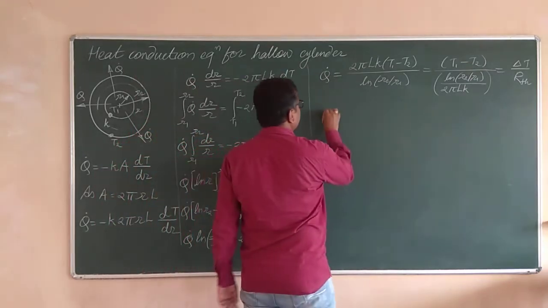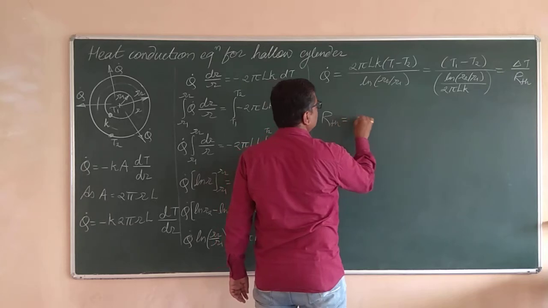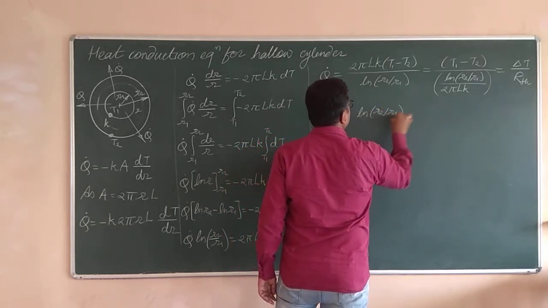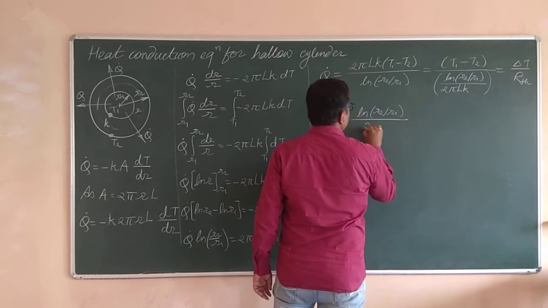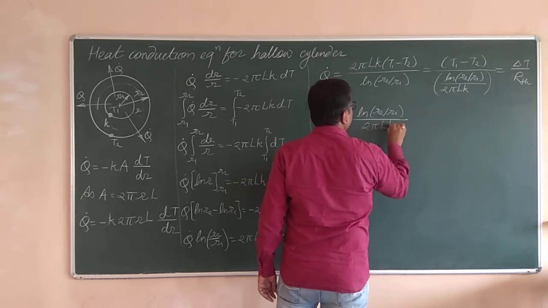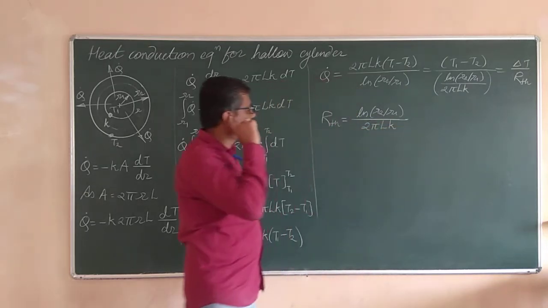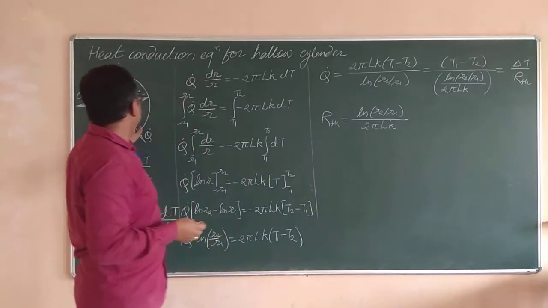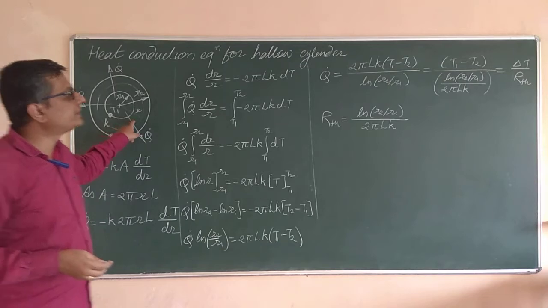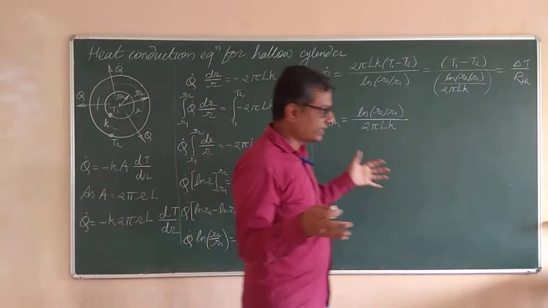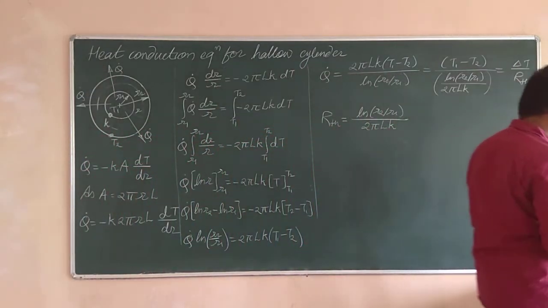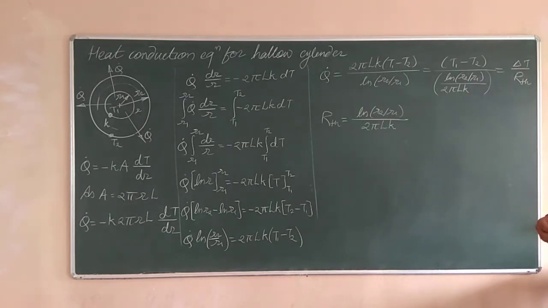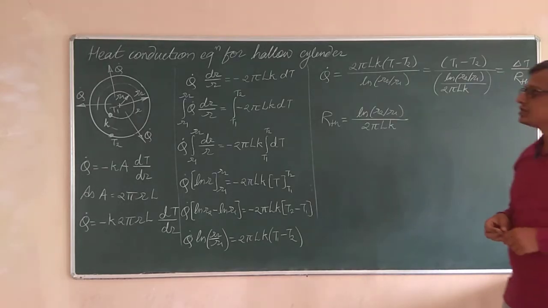I can get the equation for the thermal resistance as equal to the natural log of R2 by R1 whole divided by 2 pi Lk, where R1, R2 are the inner radius and outer radius, K is the thermal conductivity of the tube, whatever the tube is, and L is the length of the tube. So this is all about the heat conduction equation for a hollow cylinder.